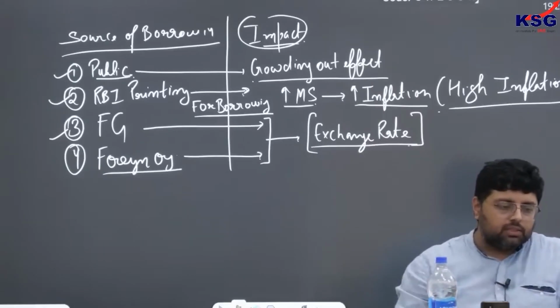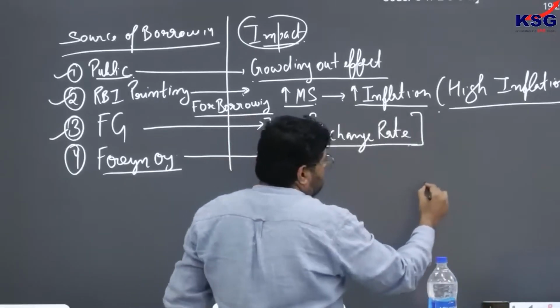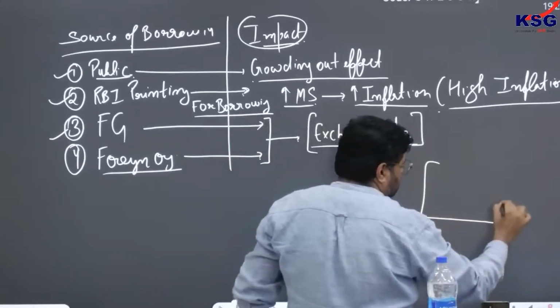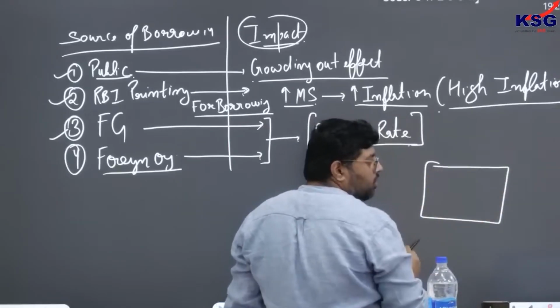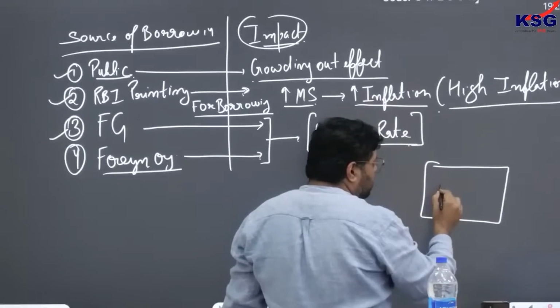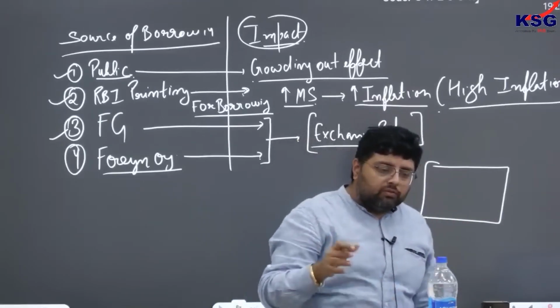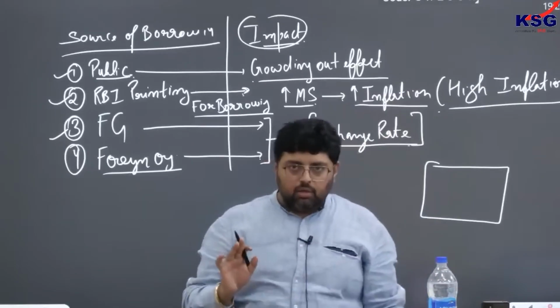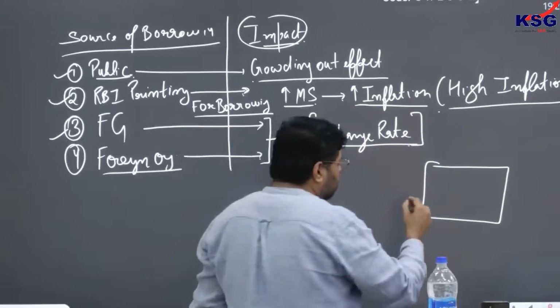Okay, I just want to make your concept clear here again. Now, this is the economy. In every economy, there is limited foreign currency. For example, assume that there is only one foreign currency, dollar. Forget about any other foreign currency.